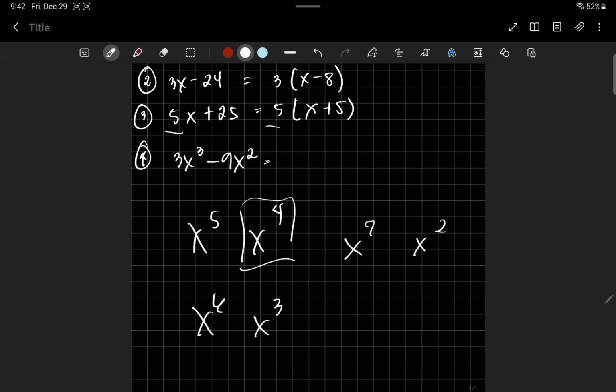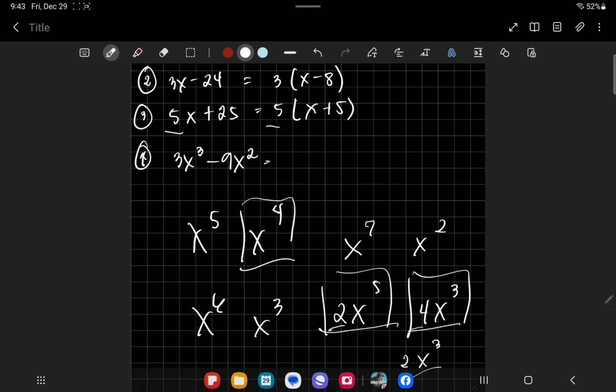So if we have 2x raised to 5 and 4x raised to 3, the common factor is sa x raised to 3, di ba? How about sa 2 and 4? What is the common factor? So that is 2. Therefore, the common factor between 2x raised to 5 and 4x raised to 3 is 2x raised to 3. Okay?